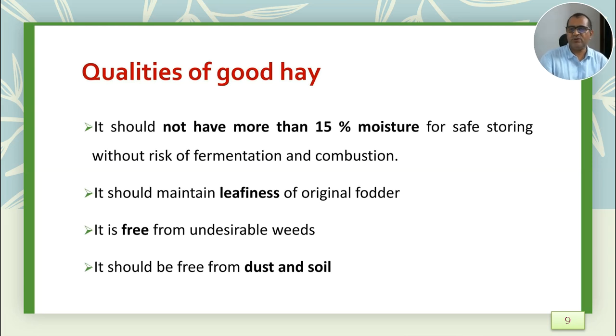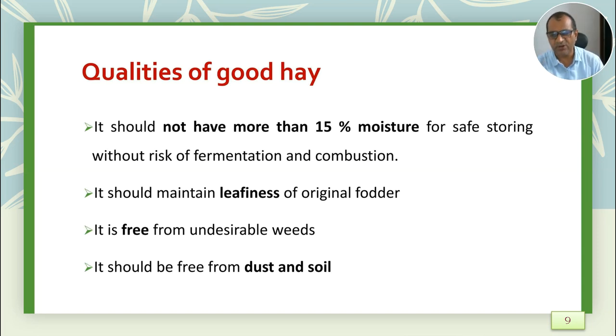Then the qualities of good hay: it has been repeated several times that moisture should always be less than 15% for safe storage, for the duration of the stay without risk of fermentation and also combustion. And it should maintain the leafiness of the original fodder, and it should be free from undesirable weeds.